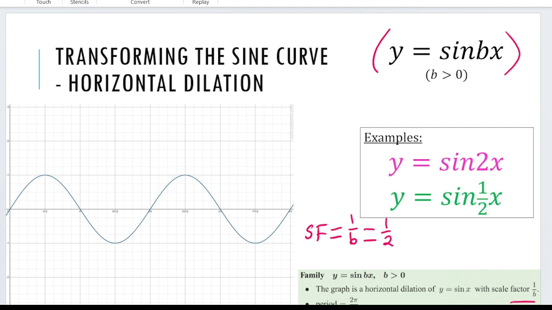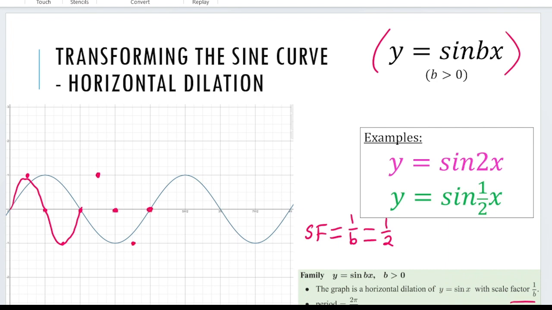So what that's going to do is we look at our y coordinates and we're basically going to be halving the amount of times that they're going to go along our x-axis. So if our dilation is a half, then we know that within this first half of the period, we're going to actually get our whole period again.